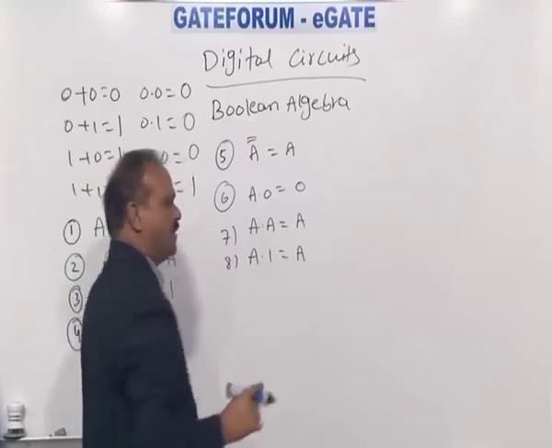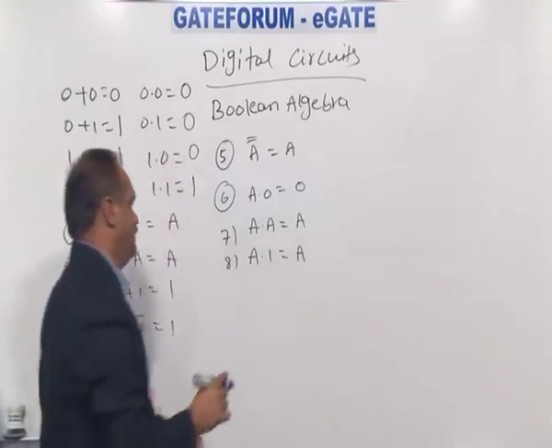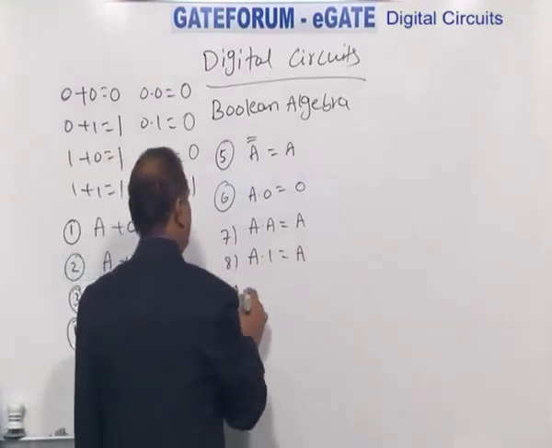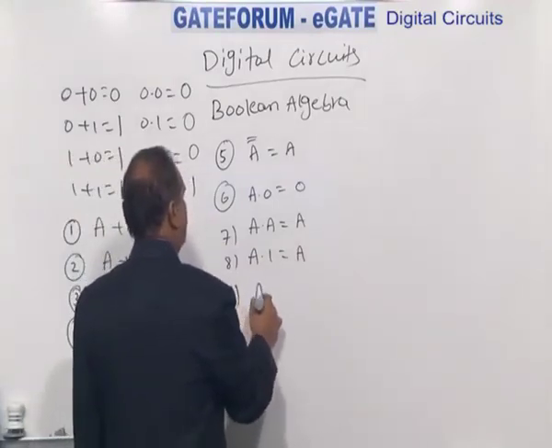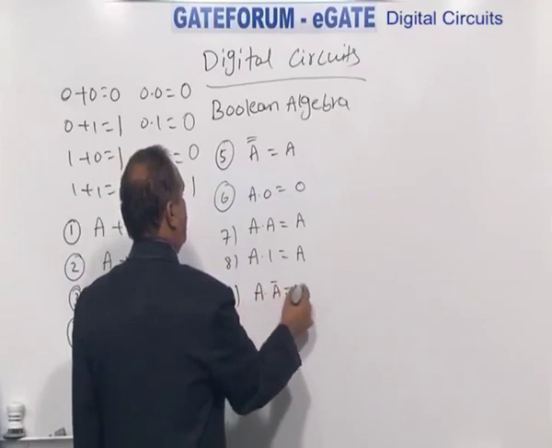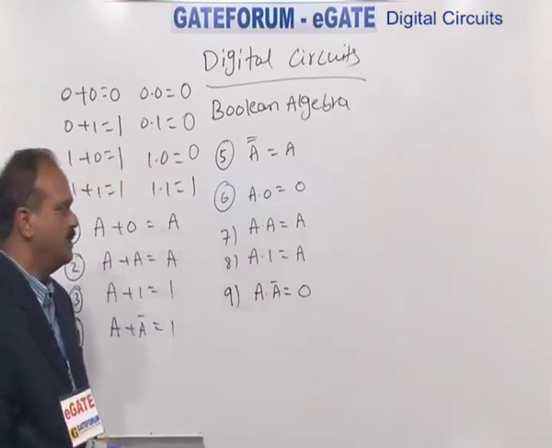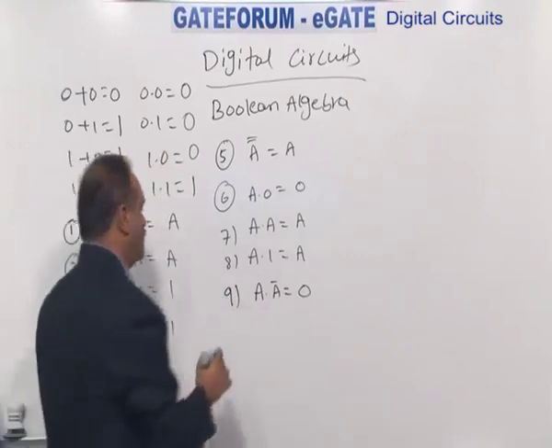So that means the result depends on the value of A. Hence the result is A. The last one, the ninth one, A into A complement is 0.